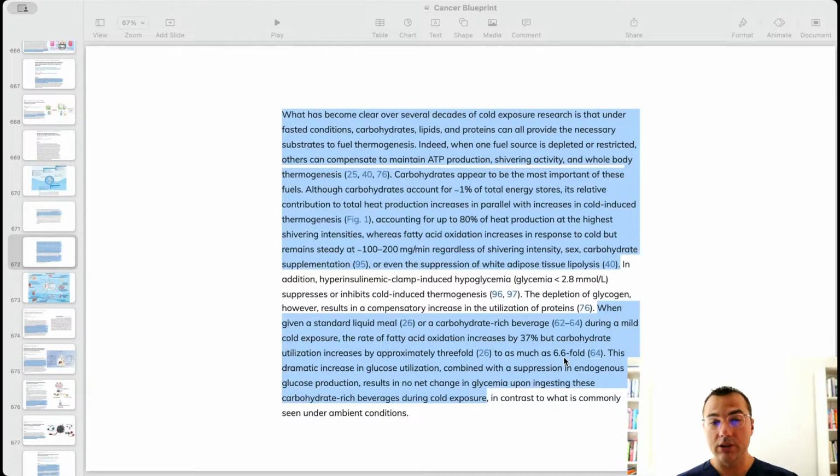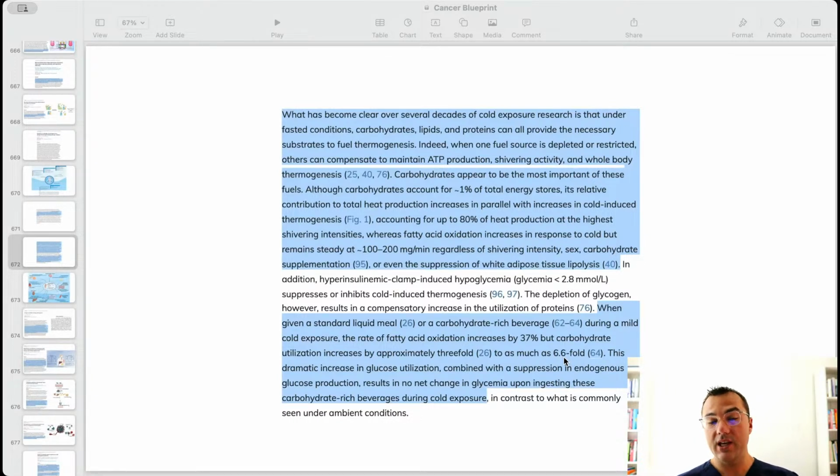That's unbelievable. And that's really beneficial for our purposes in particular, viewing cancer as a metabolic disease and suppressing glucose through diet as much as we possibly can. This dramatic increase in glucose utilization combined with the suppression of endogenous glucose production results in no net change in glycemia under ingestion.